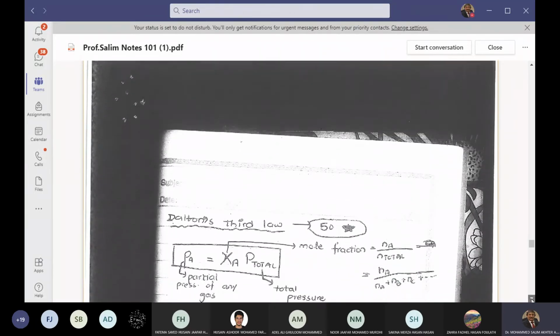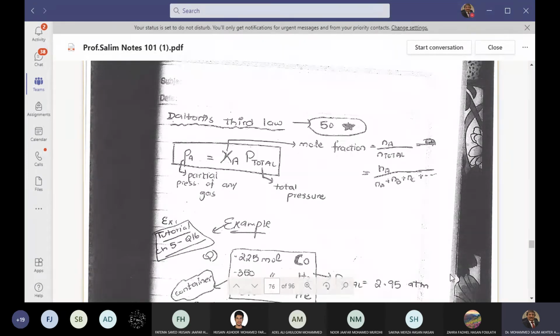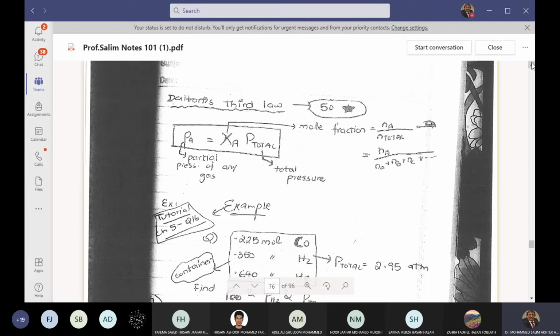Now I will go to the next one, which is important. This is Dalton's third law. The second one I told you was very important.